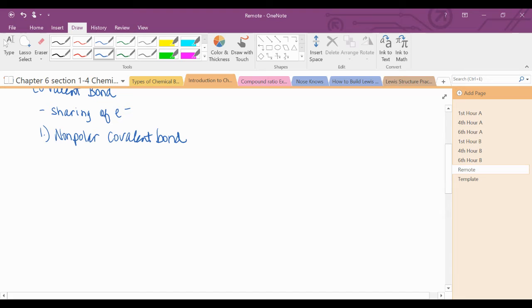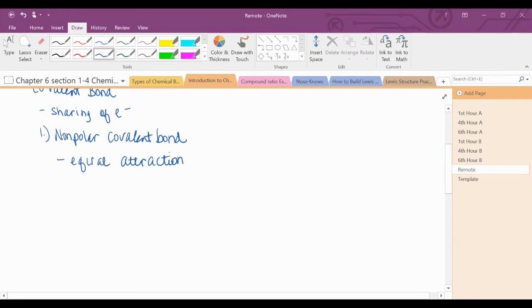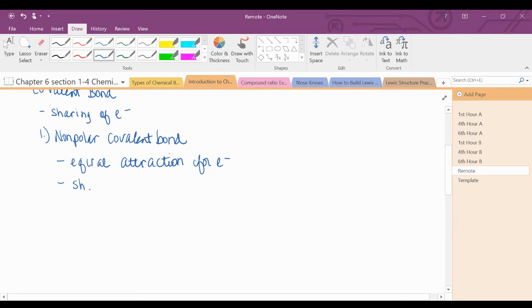And in a nonpolar covalent bond, you have two atoms that are bonded together that have similar electronegativities. And for that reason, they have an equal attraction for that pair of electrons. So these two atoms are going to share equally.